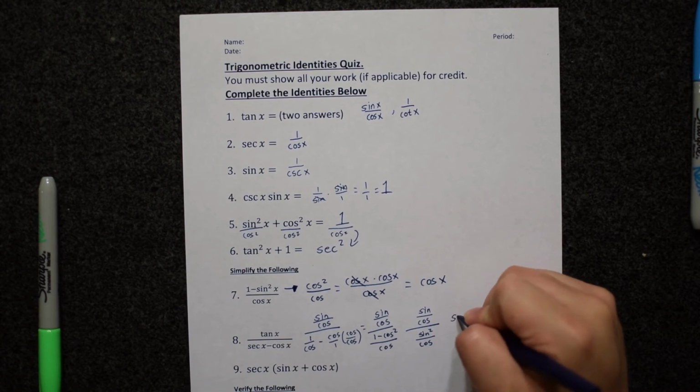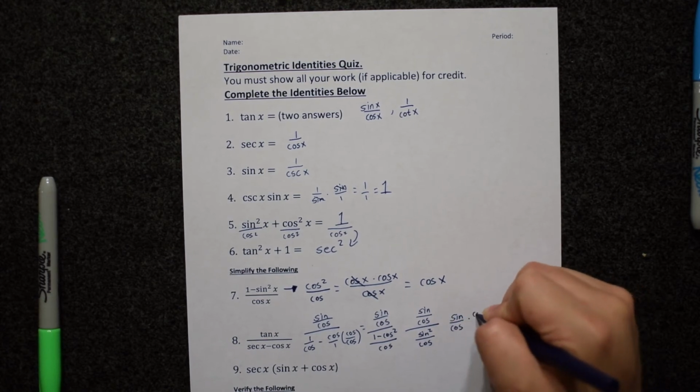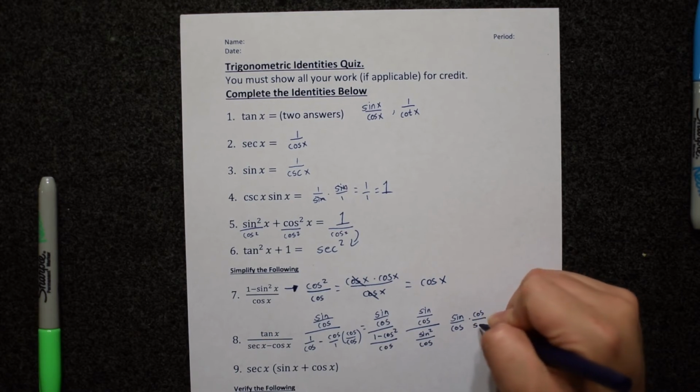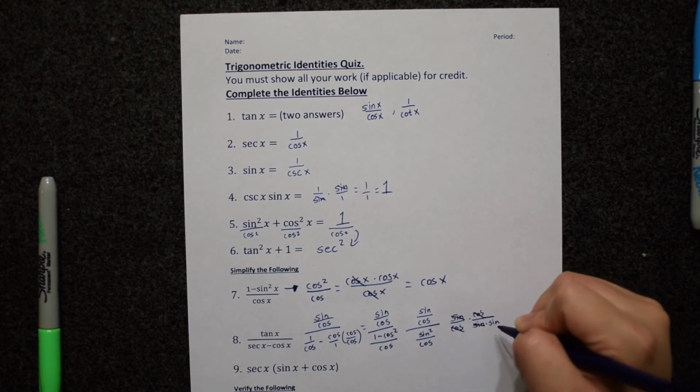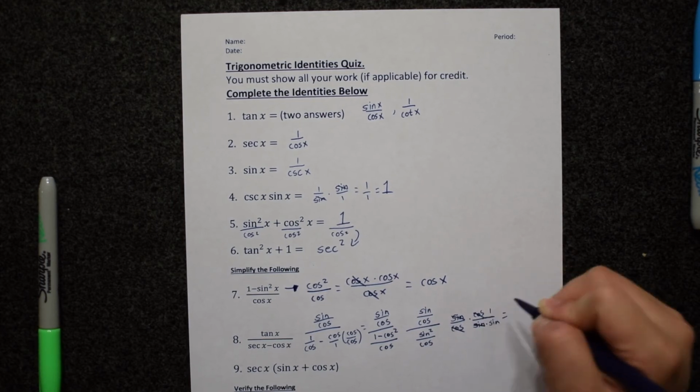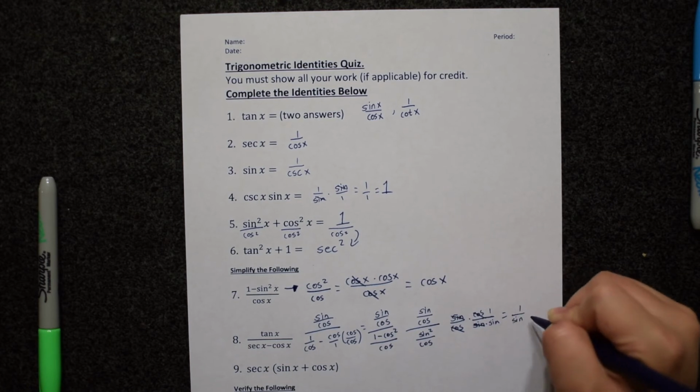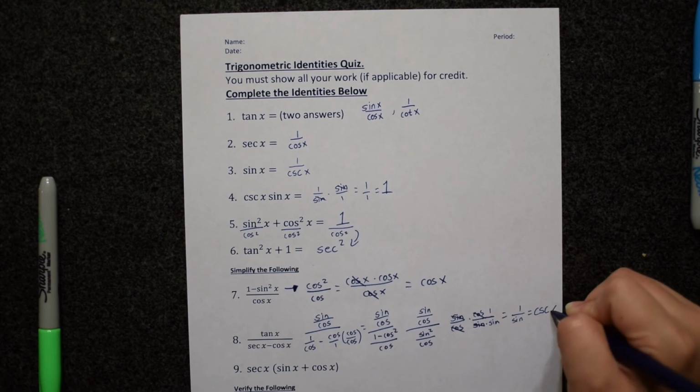So we are going to end up with sine over cosine times cosine over sine squared. And this squared, I'm just going to make it simple for myself and make it sine times sine. The sines cancel out, the cosines cancel out, and what I'm left with is 1 over sine. So we have 1 over sine, which is actually equal to cosecant of x.